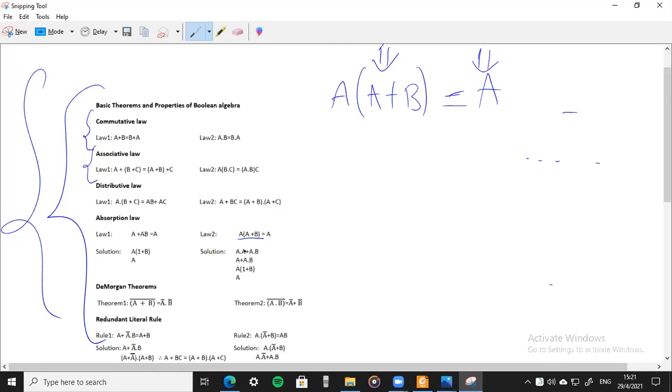If you are able to manipulate, you can understand this solution.